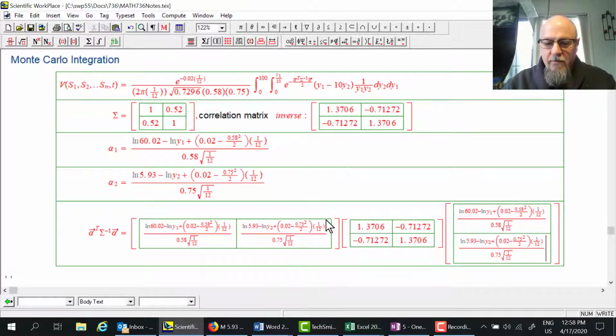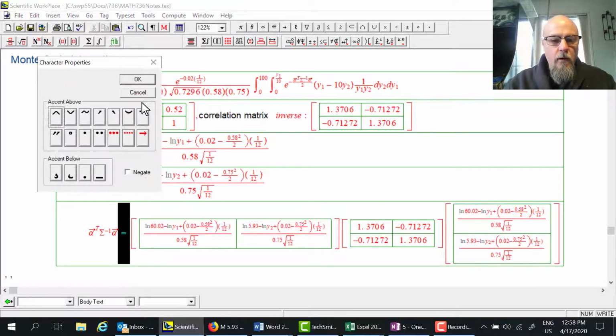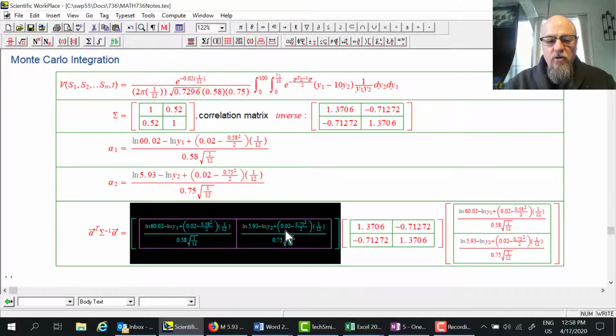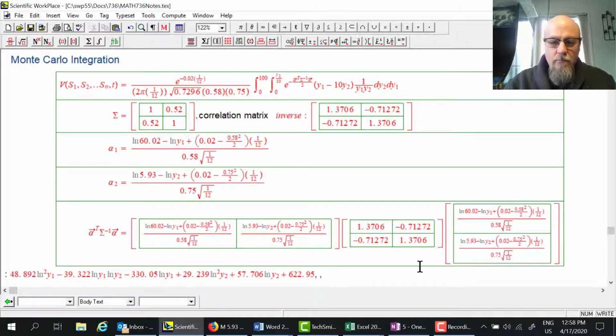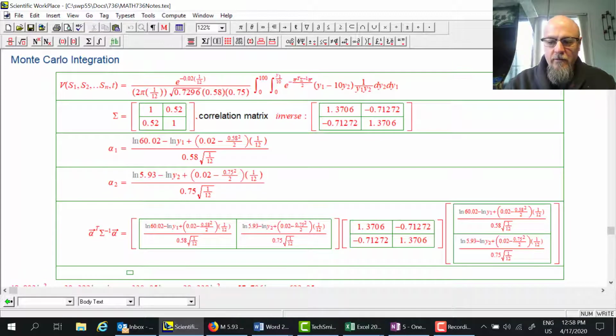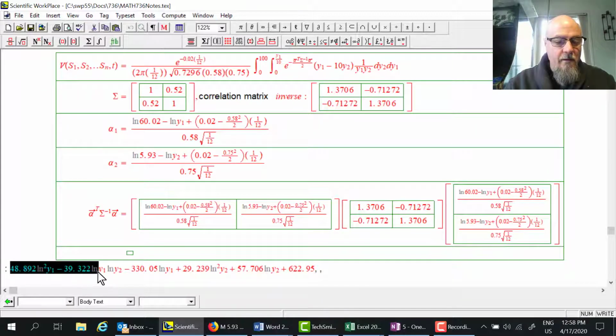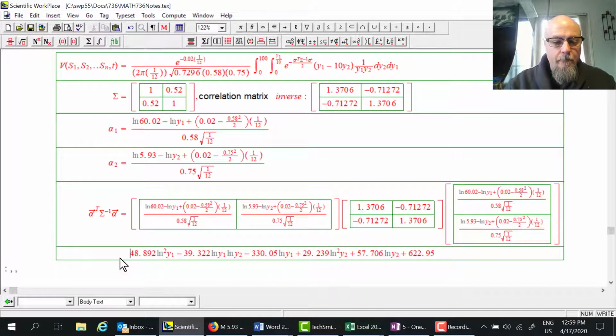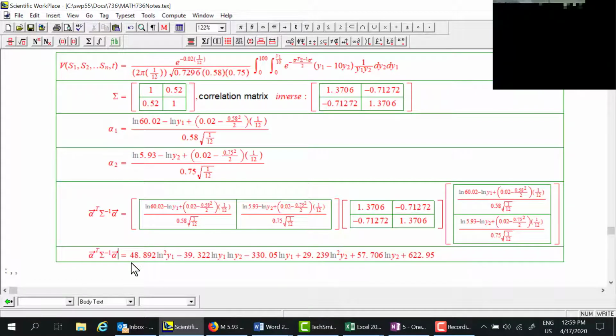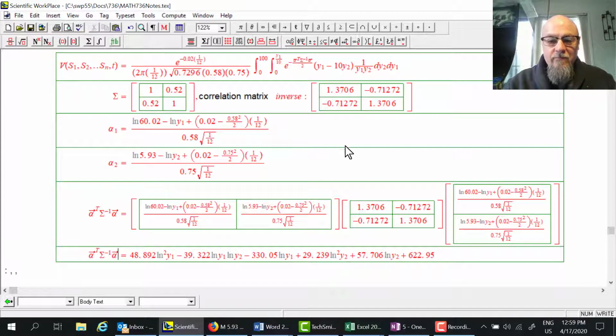Okay, everything is numbers in here except for y1 and y2. When I simplify, it's going to spit out this huge thing with ln of y1s and ln of y2s. Actually, it isn't too big, right? That's not too bad. But anyway, there's what it is. That's what's up here. And now let's put it in here then.